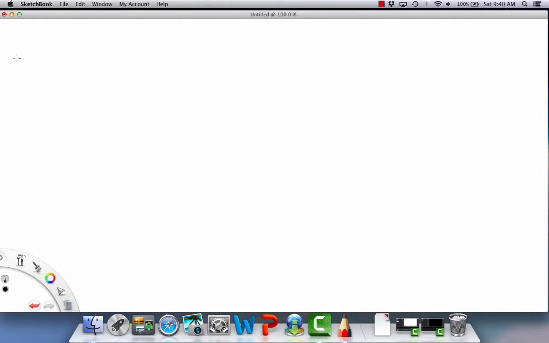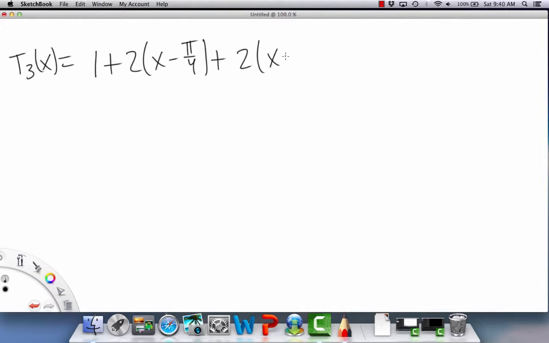When we add that term in, we get T3(x). We just rewrite the first three terms from T2: 1 plus 2 times x minus pi over 4 plus 2 times x minus pi over 4 squared. Then we have this added term of 16 over 3 factorial, which is 3 times 2 times 1, which is 6, times x minus pi over 4 to the third.